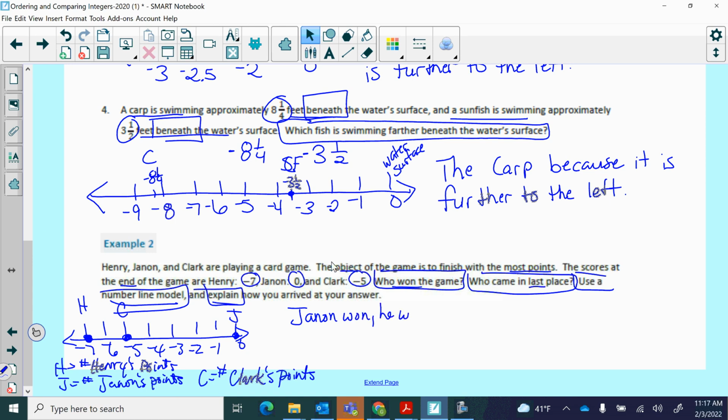He was furthest to the right. Who lost? Henry lost because he was furthest to the left.